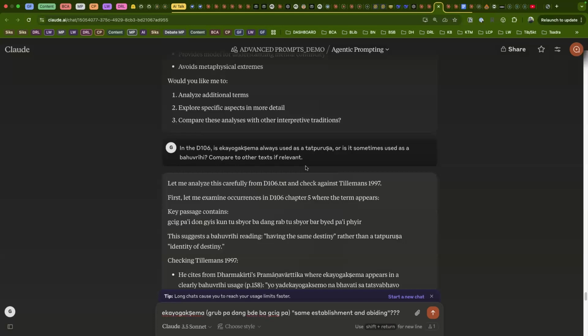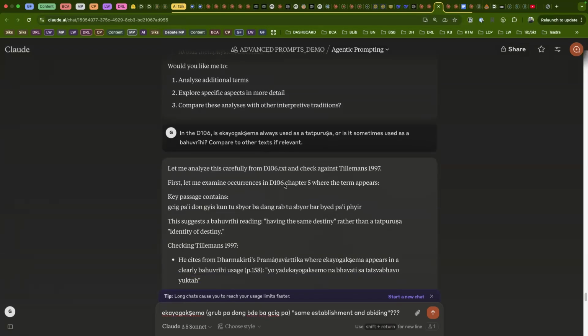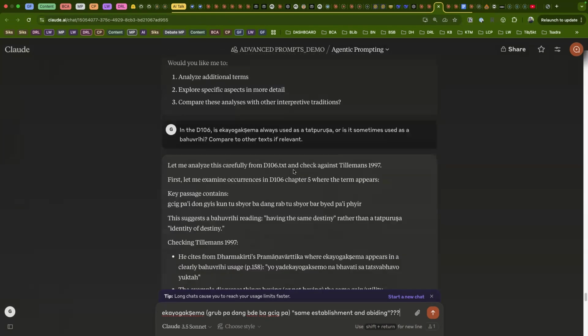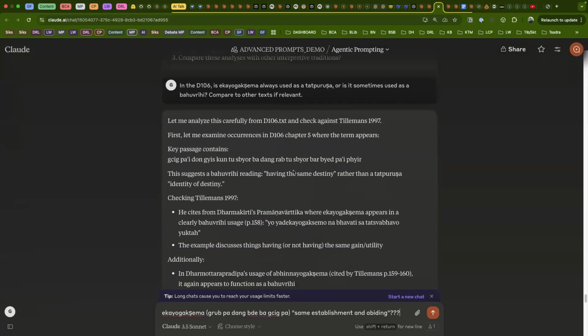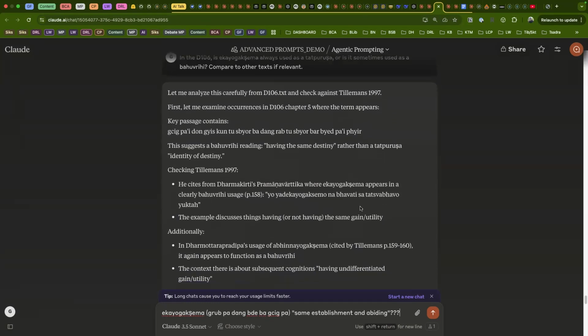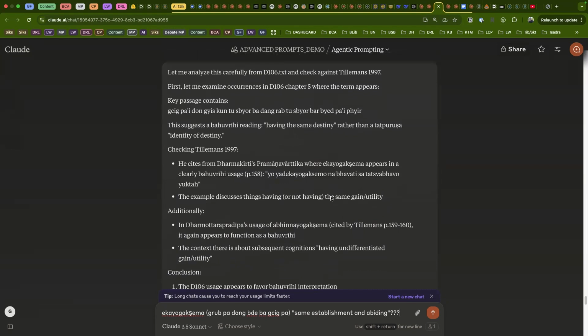And so, I'm asking the model if this expression in the Derge version of the Sandhinirmocana Sutra is used always as a tatpurusha, which would be weird to me, or sometimes as a bahuvrihi, and I'm saying check things there. So we're at a level in the translation process where we can investigate and then have a sense and keep questioning.